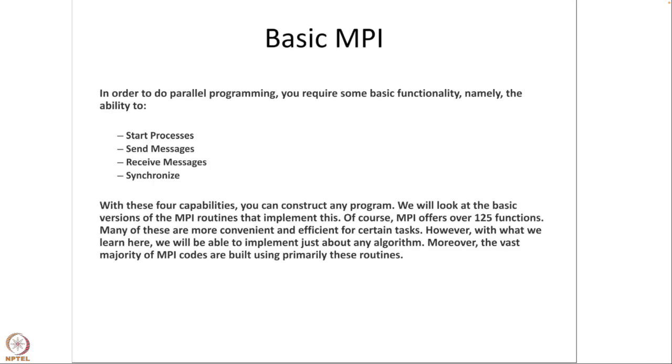So, in order to do basic MPI programming, you need some basic functionality. You need to have the ability to start processes or programs. You need the capability to send messages, receive messages, and obviously synchronize these messages. Remember, we are running these codes distinctly on different distributed machines.